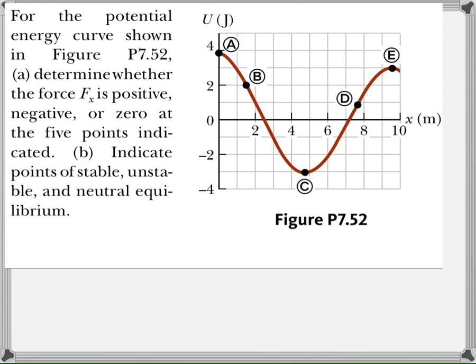Is it negative or positive? Negative. Why? How do you find the force at point A? Take the derivative of U. Right, at point A, what is the slope? Well, okay.